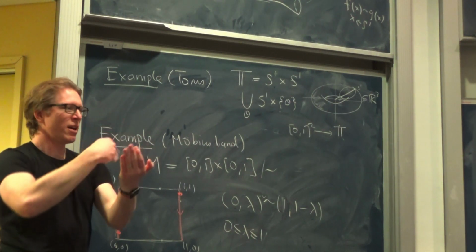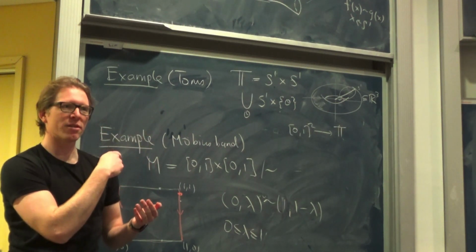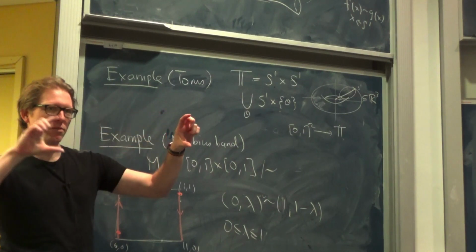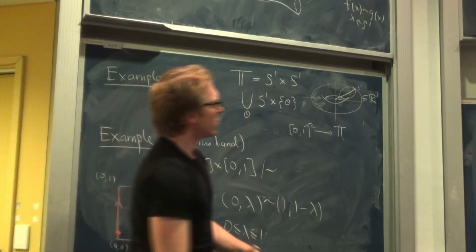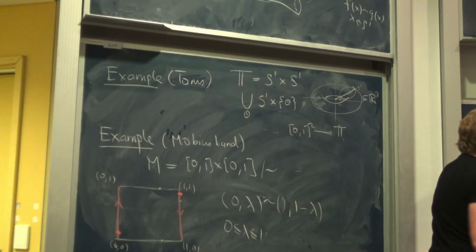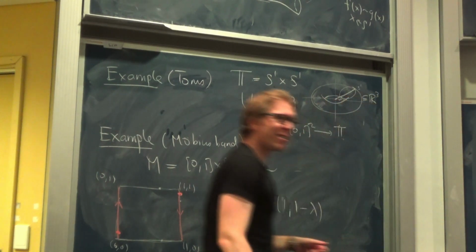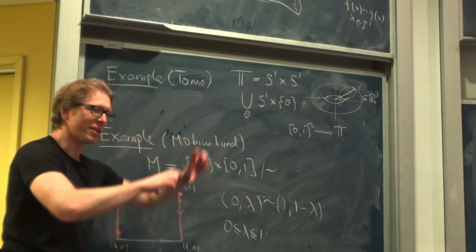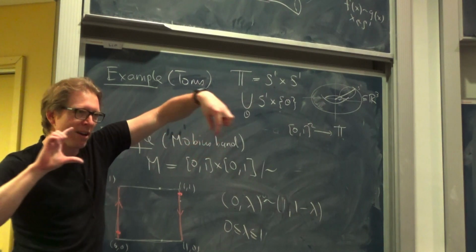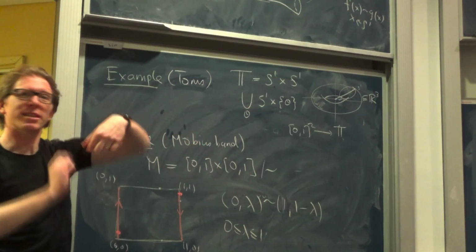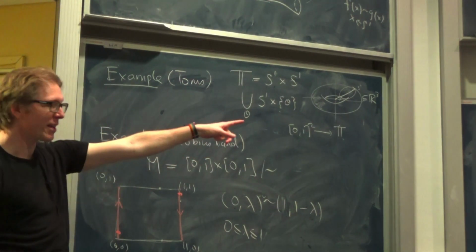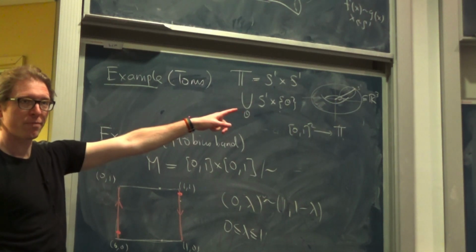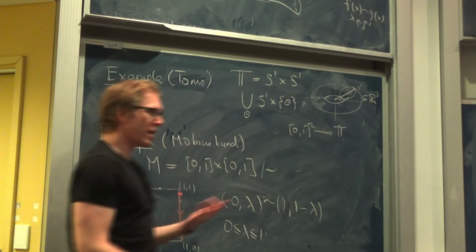So that would be S1 times copies of the unit interval, stretched around a circle. But I didn't do that, or at least that wasn't what I wrote down, right? I twisted one end of the piece of paper and then stuck it together. So that seems like a different space, right? So I expect the answer there to be no. But the question is, how do you prove that?